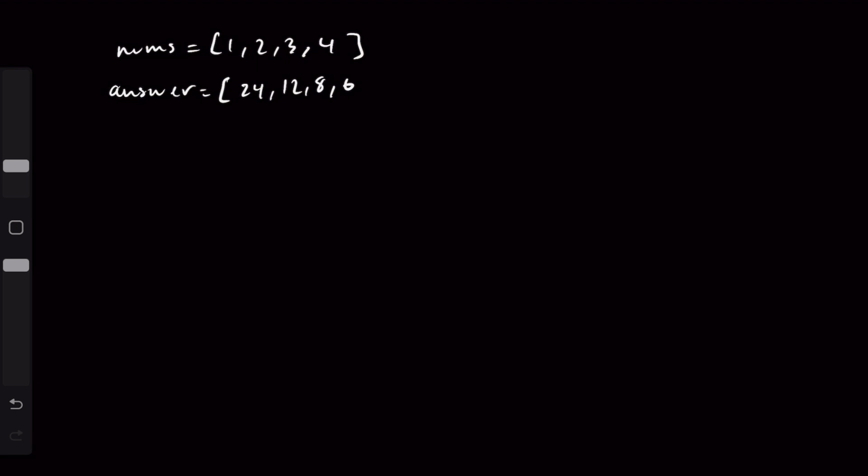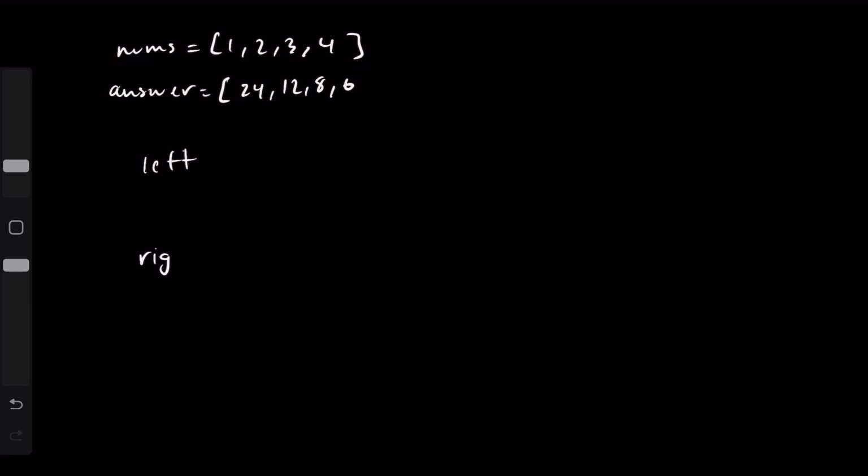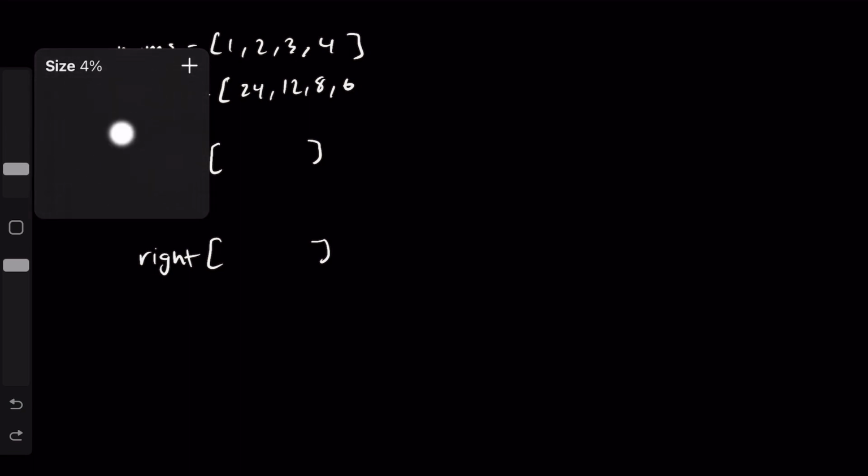How we want to solve this is to get the left values of nums, and then get the right values of nums, and essentially multiply them times each other. So we want to start here, right? These are the two arrays. Let's make them a little wider.